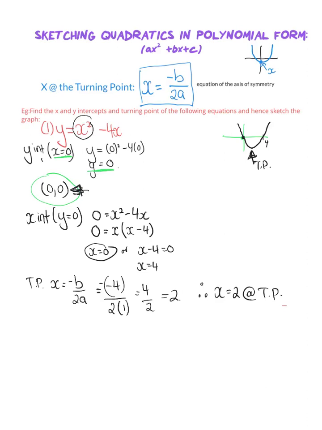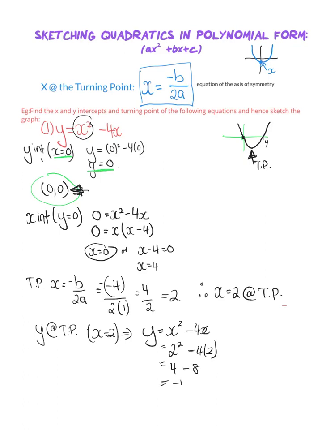To find out what y is at the turning point, we're going to substitute x equals 2 into the formula. So y equals x squared minus 4x, but if x equals 2, it's 2 squared minus 4 times 2, which would equal 4 minus 8, which equals negative 4.